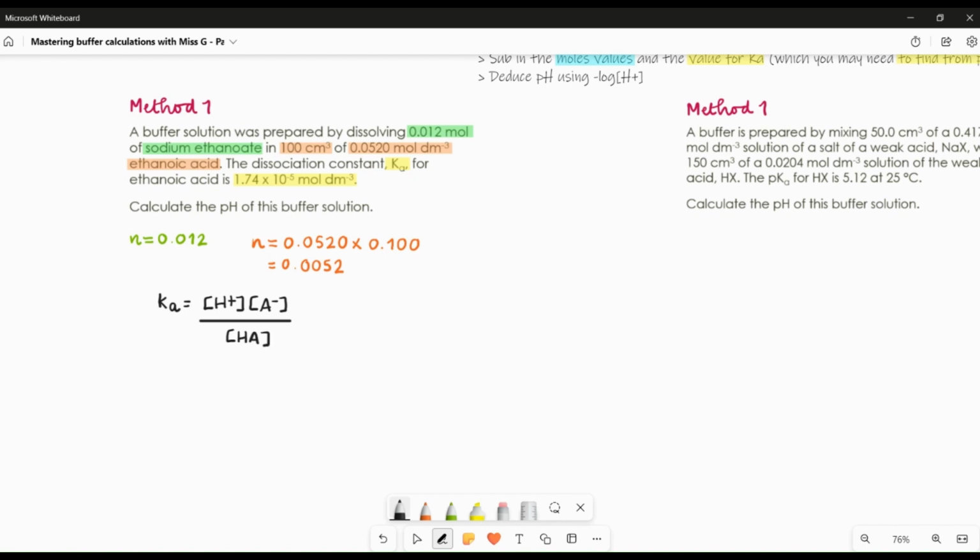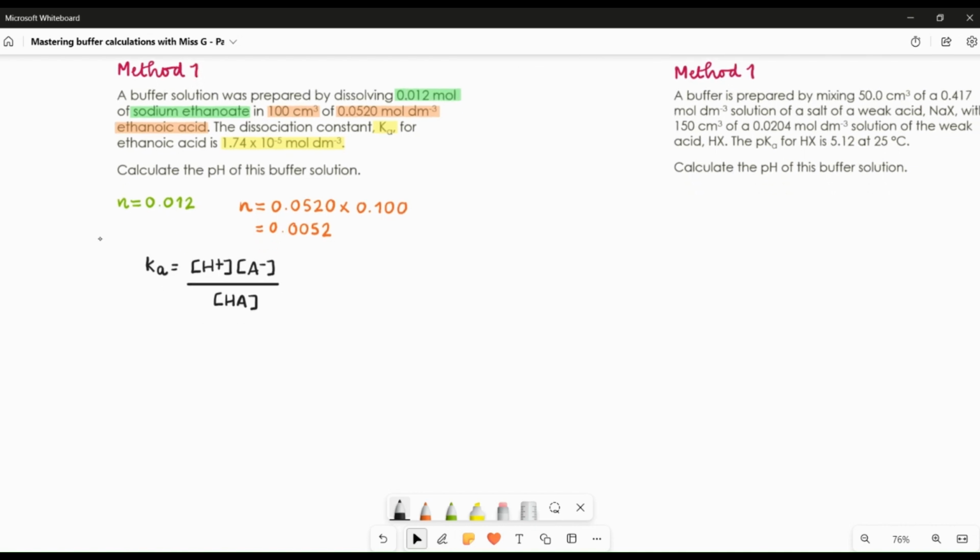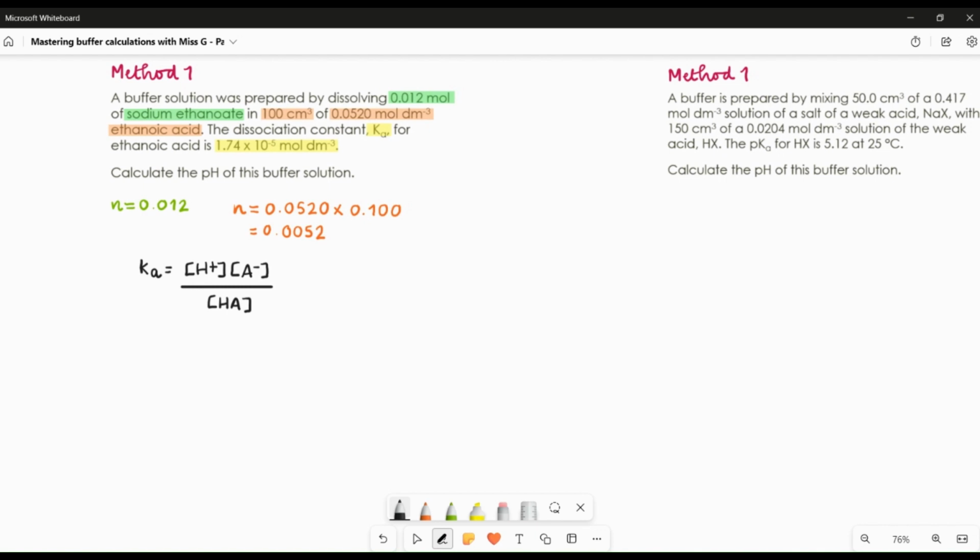And even though we're not going to be using concentrations, remember when you first write out the Ka expression, always write it that way with the square brackets in place. Then I'm going to rearrange this to make the concentration of H plus the subject, and at this point I'm going to drop my square brackets because we're going to be using the moles. So I'm going to do Ka times the moles of the weak acid divided by the moles of the salt.